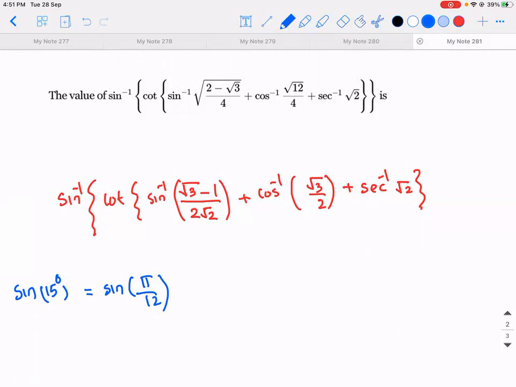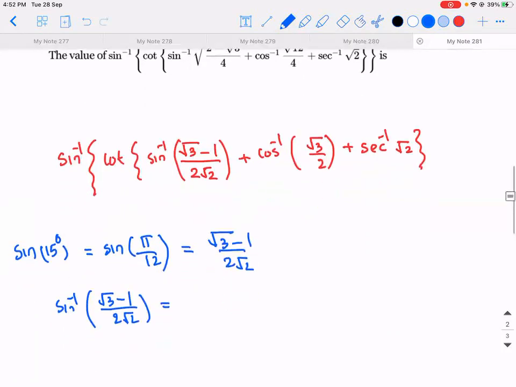So we will substitute this value, root 3 minus 1 by 2 root 2. Therefore, sine inverse of root 3 minus 1 by 2 root 2 is actually what? This is equal to 15 degrees, or pi over 12.